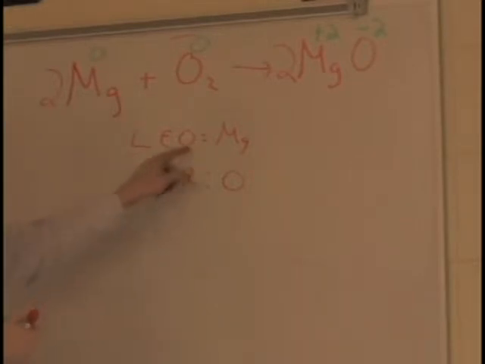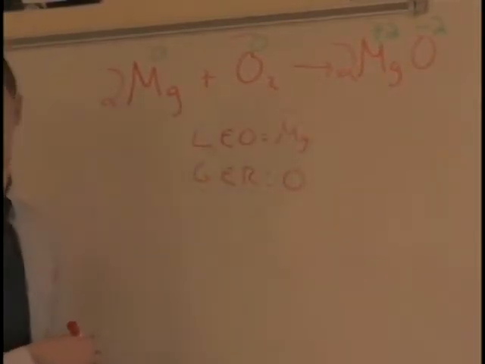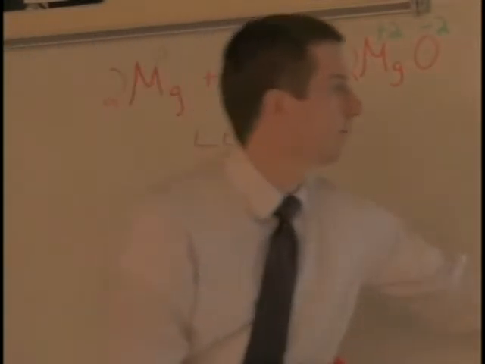And not only that, if magnesium was oxidized, it makes it the reducing agent. If oxygen was reduced, it makes it the oxidizing agent. Last thing to say before we move on to the next slide is the old definition of oxidation was gaining an oxygen. You see, magnesium starts alone, it gained an oxygen. So right away you can know, hey, magnesium was oxidized.